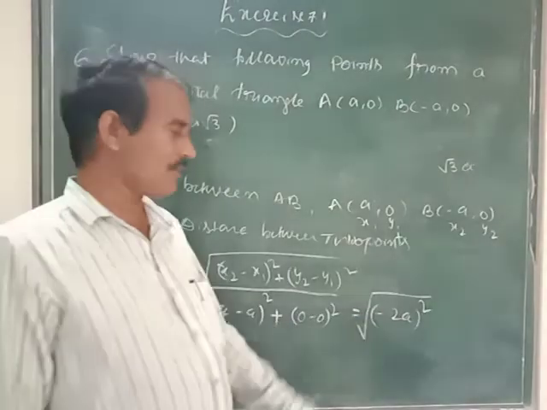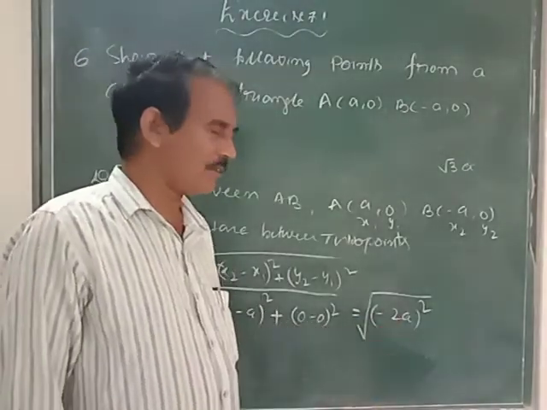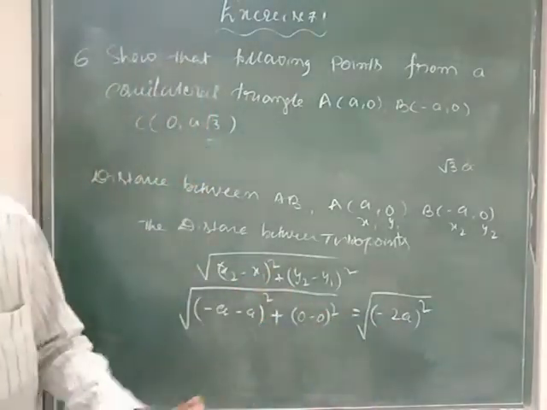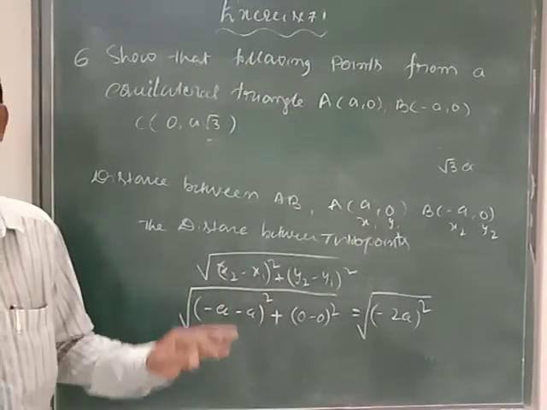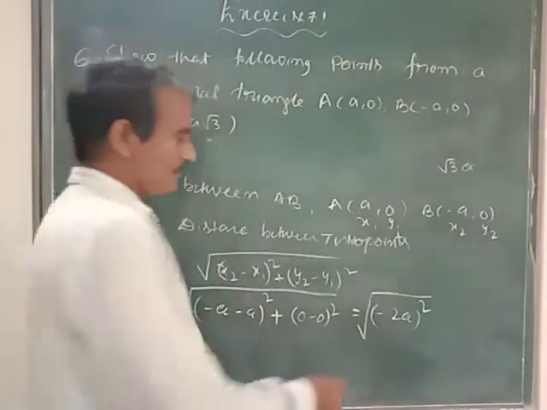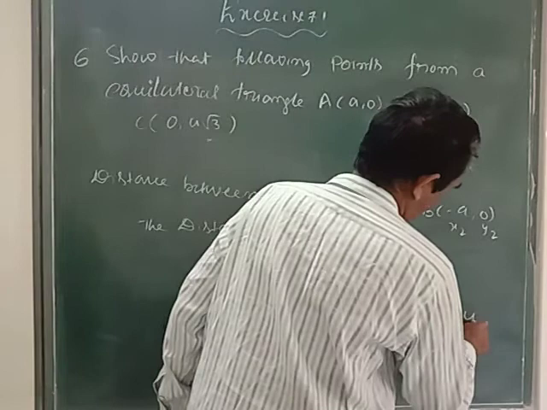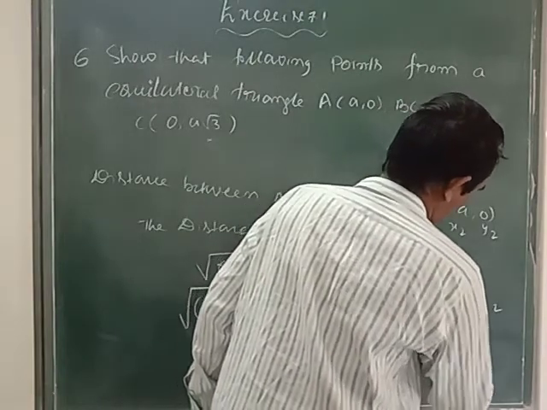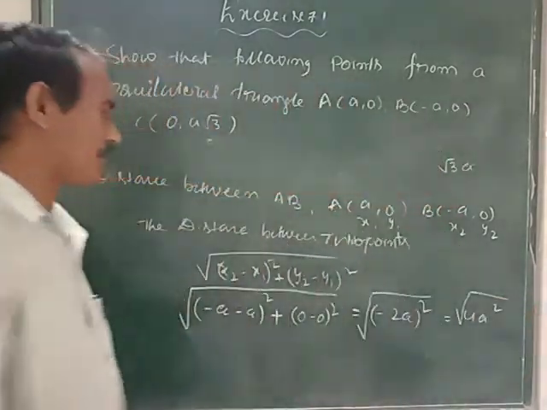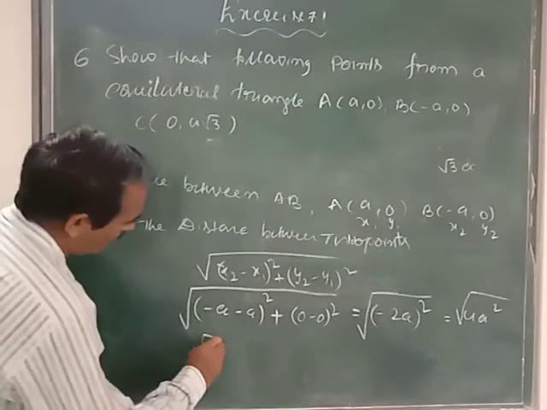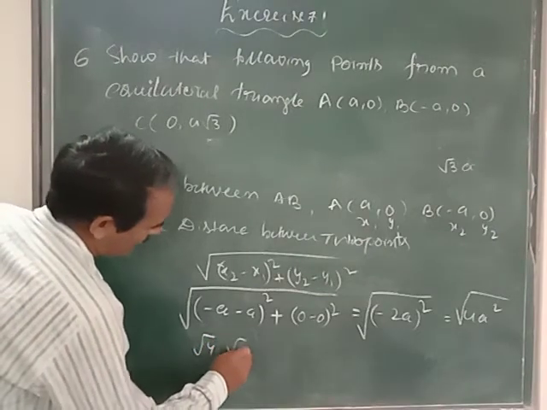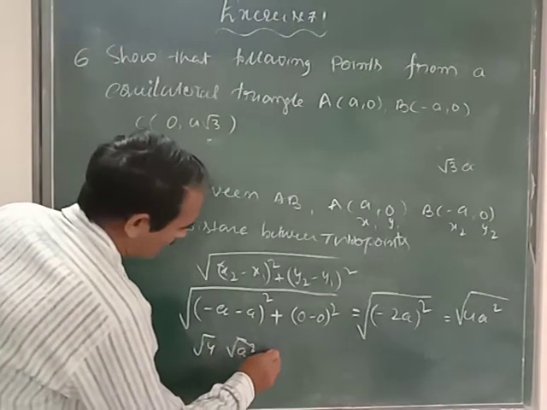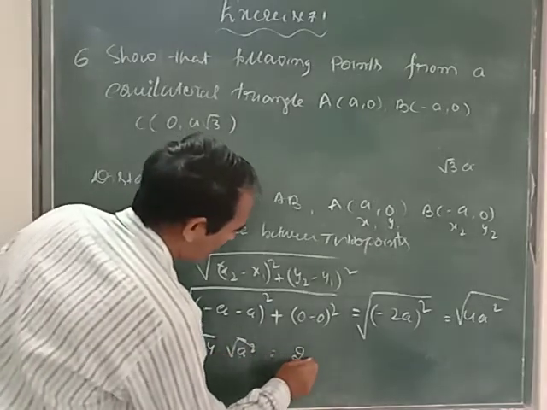Now minus 2a whole square, what do you think it means? Sir, root and square cancel, minus 2a is coming, that is not the correct way. Minus 2a whole square, we have to write that as 4a square. Root over 4a square is root 4 into root a square. Square root cancel. Root 4 means 2a.